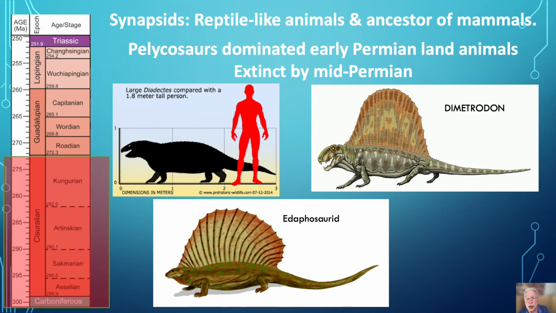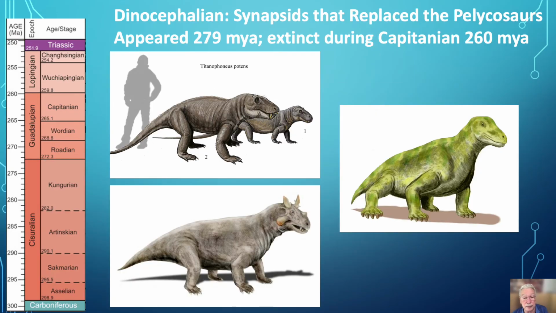The pelycosaurs were synapsids that dominated the early Permian, but went extinct by the mid-Permian. The dinocephalians were synapsids that replaced the pelycosaurs, but they went extinct by the Permian's Capitanian stage.